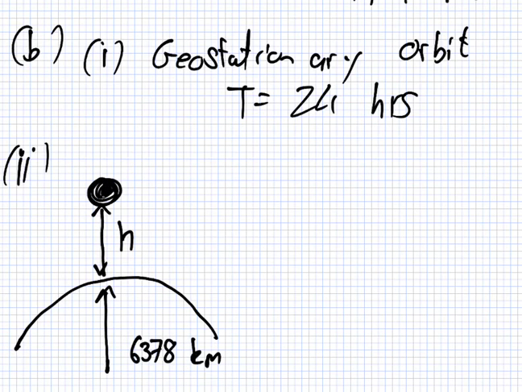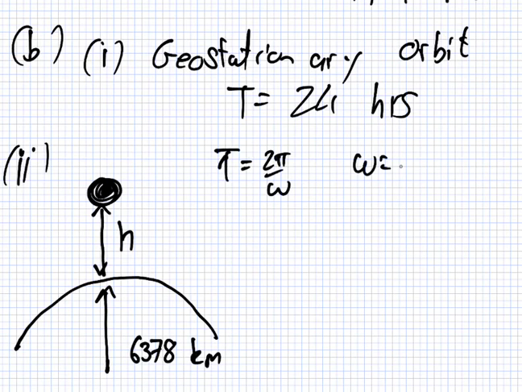So we know that it's moving in a circle, so we could use our circular formulas. We also know that we can use Newton's law of gravity as well. If I want to use my circular formulas, I could go with T equals 2 pi over omega. So I can get the omega.